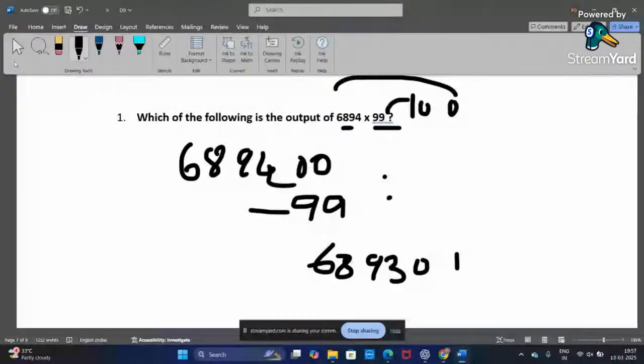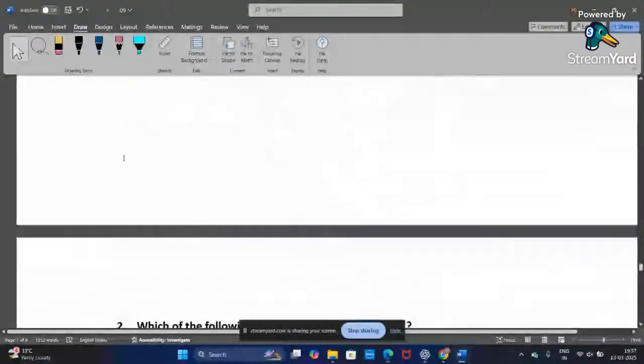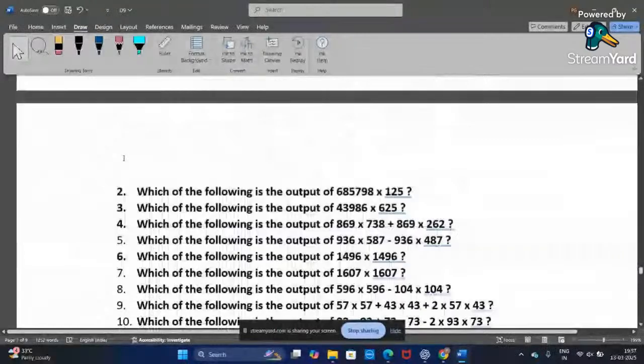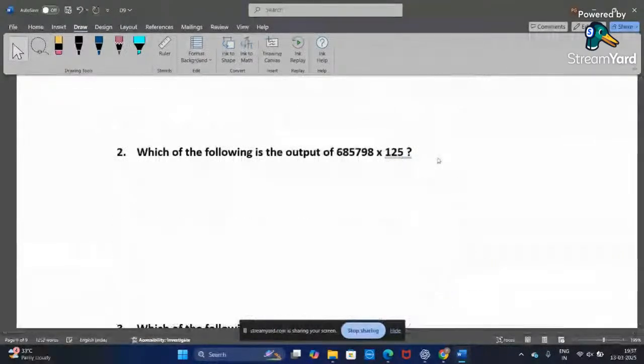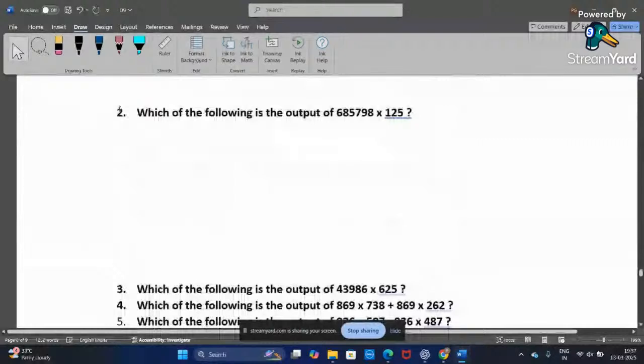Now solve for the next one. Which of the following is the output of 685798 into 125? How we have to solve this is, this is the value of which cube?